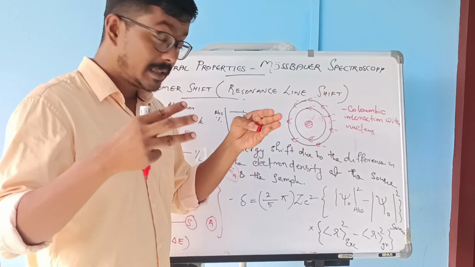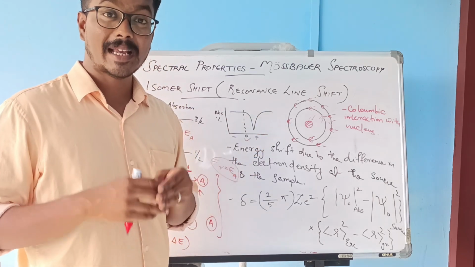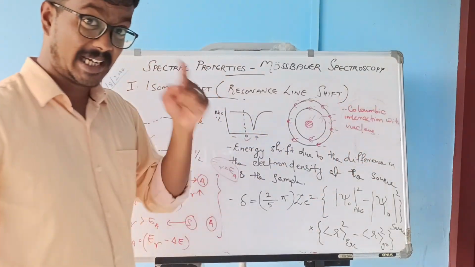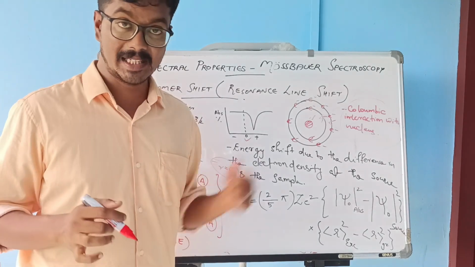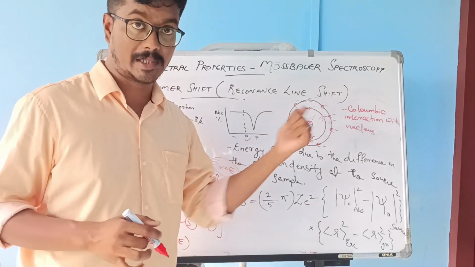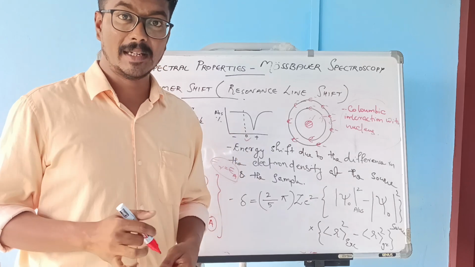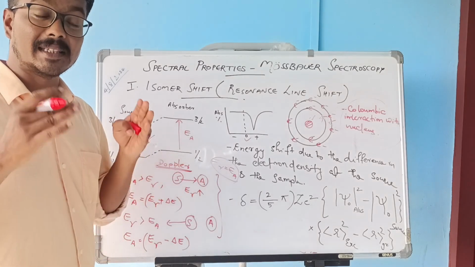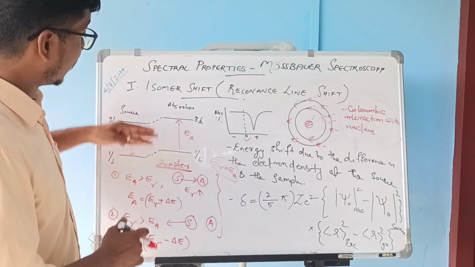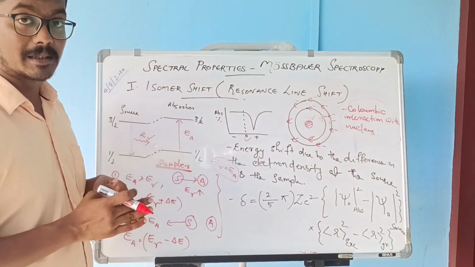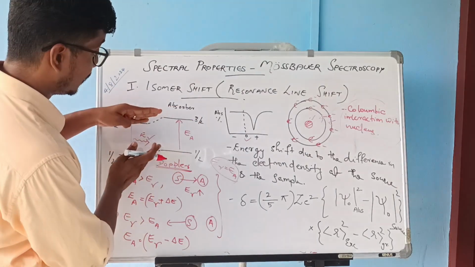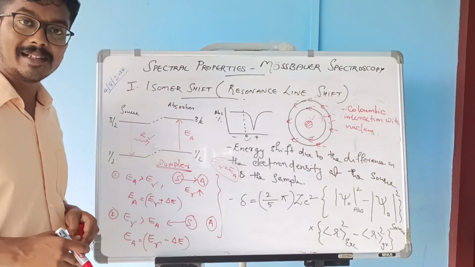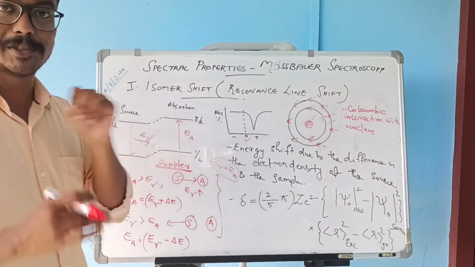These electrons can interact with the nucleus through electrostatic or Coulombic interaction. As a result, this disturbs the ideal nuclear transition. So the nuclear energy levels of the absorber get tilted and the energy gap will not be equal to the gamma radiation emitted by the source nucleus.